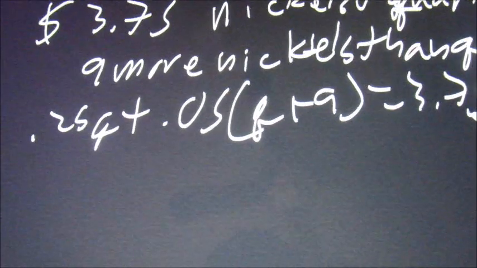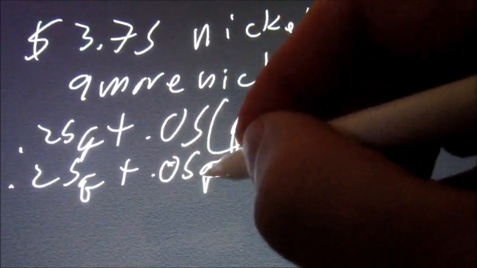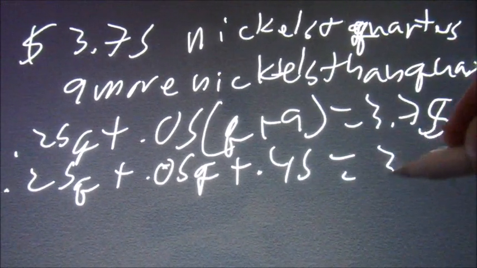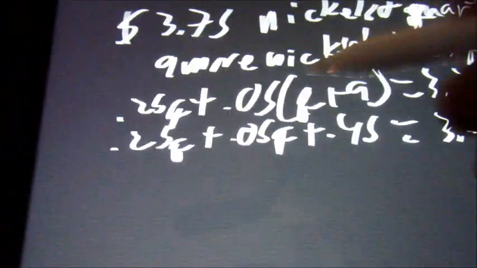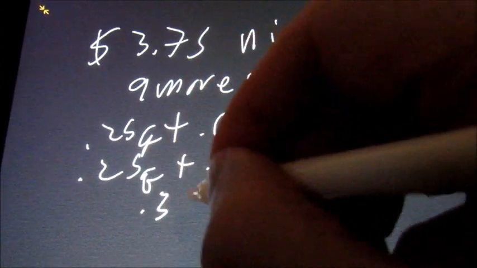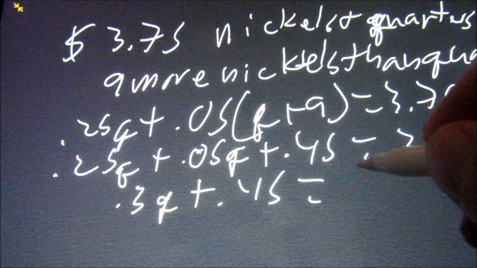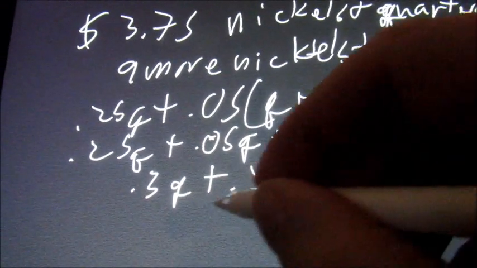So now we have to distribute our 0.05, so we have 0.25Q plus 0.05Q plus 0.45 equals 3.75. Combine like terms, and we're going to get 0.3Q plus 0.45 equals 3.75.